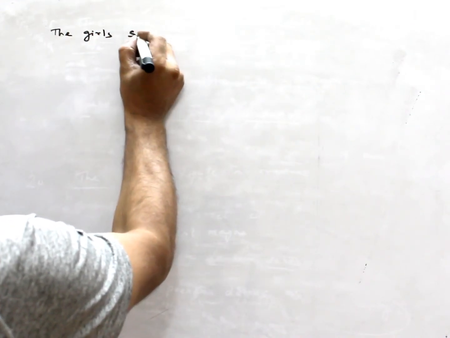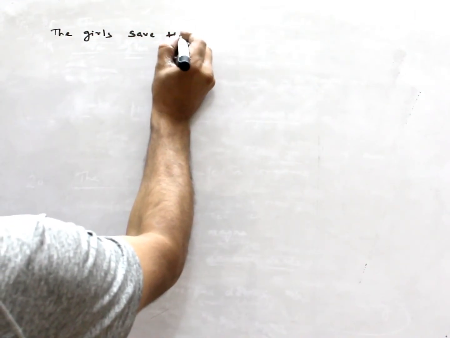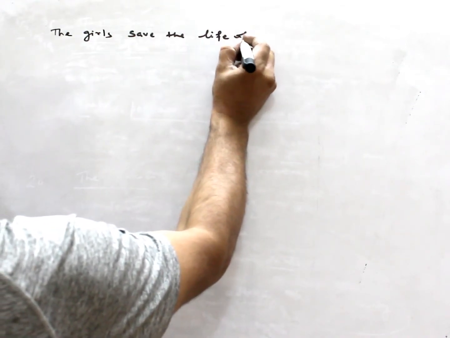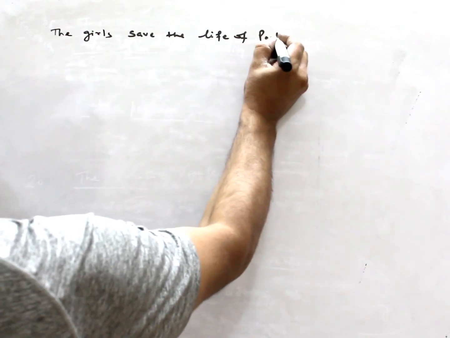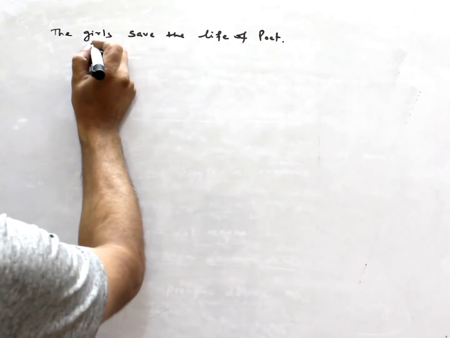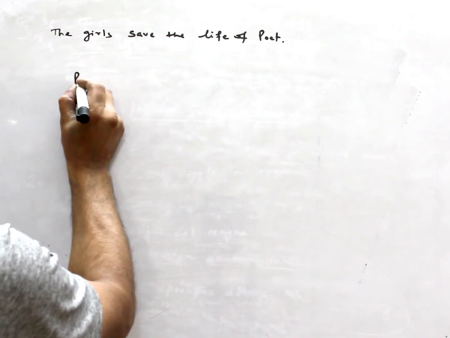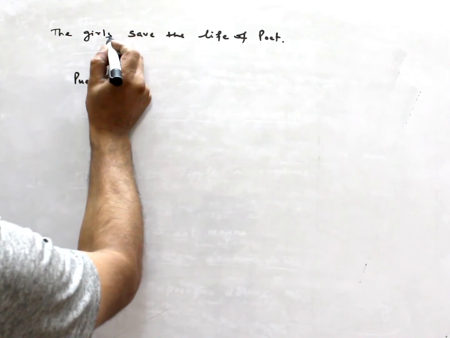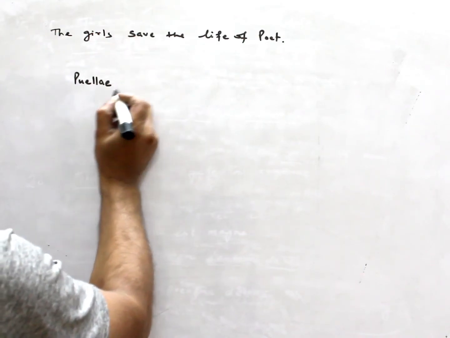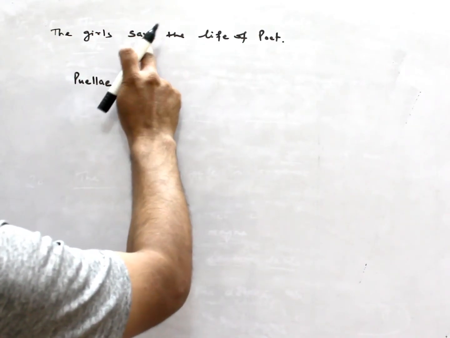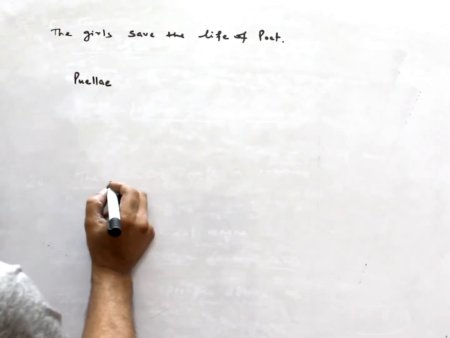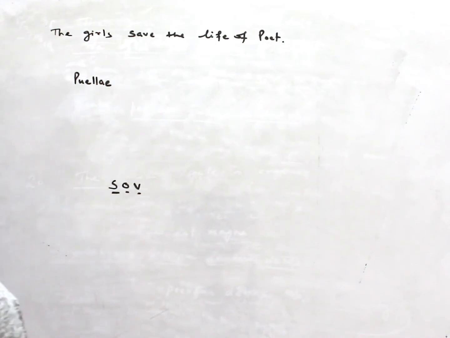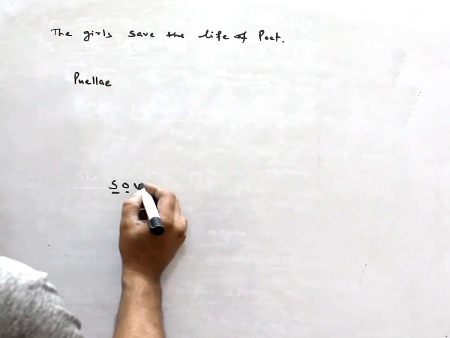Girls save the life of the poet. So the girl is puella. Now it is plural, so puellae. The verb we take last, because the pattern we follow is subject, object and verb. So now what is the object?